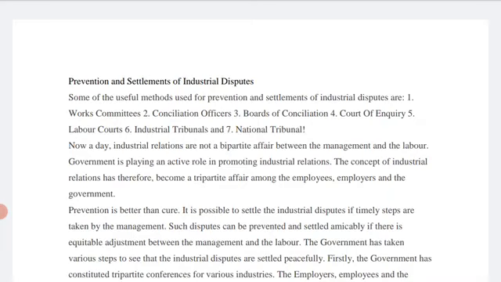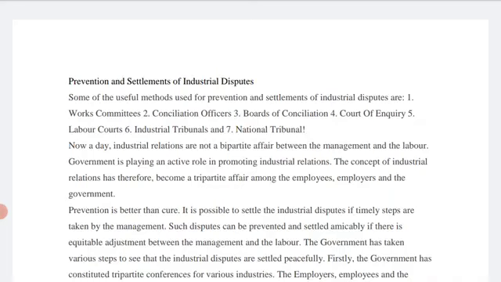See, nowadays industrial relations are not a bilateral affair between the management and the labor. Government is playing an active role in promoting industrial relations. Industrial relations means relations within the industry, the relation between employer, employee and government.